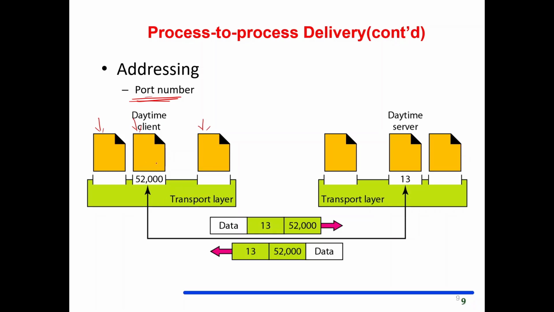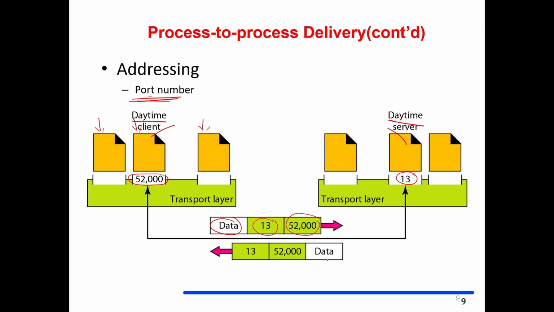If you consider this application, the client and server will have the same day and time. Whatever the day and time is present, the same will be maintained in the server also. For example, this is having port number 52000, and this is having port number 13. You can see the data, the destination port number and the source port number.